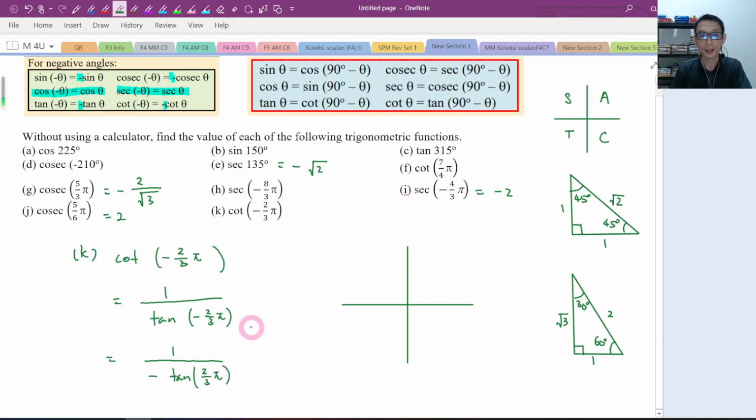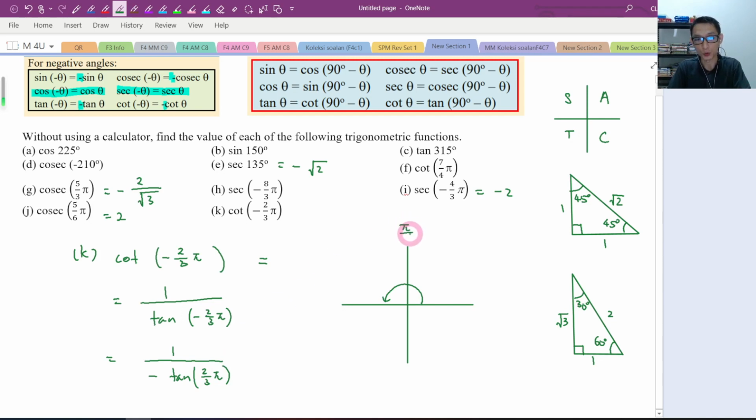Okay, still the same thing, we need to sketch the diagram. We need to determine which quadrant the angle lies on. So this is 2/3 pi. Like this is pi radian, right? Pi is equal to 180 degrees. So this is less than 1 pi, but more than pi over 2.